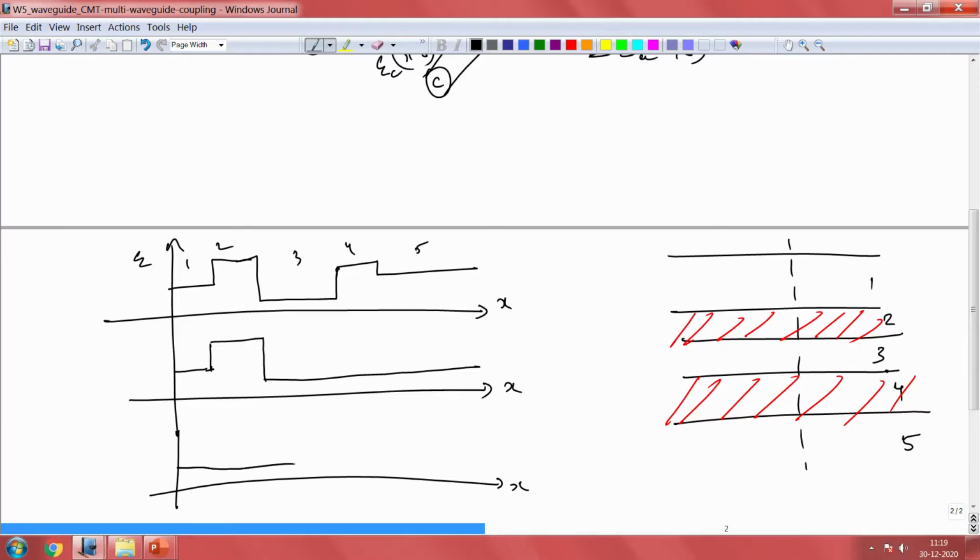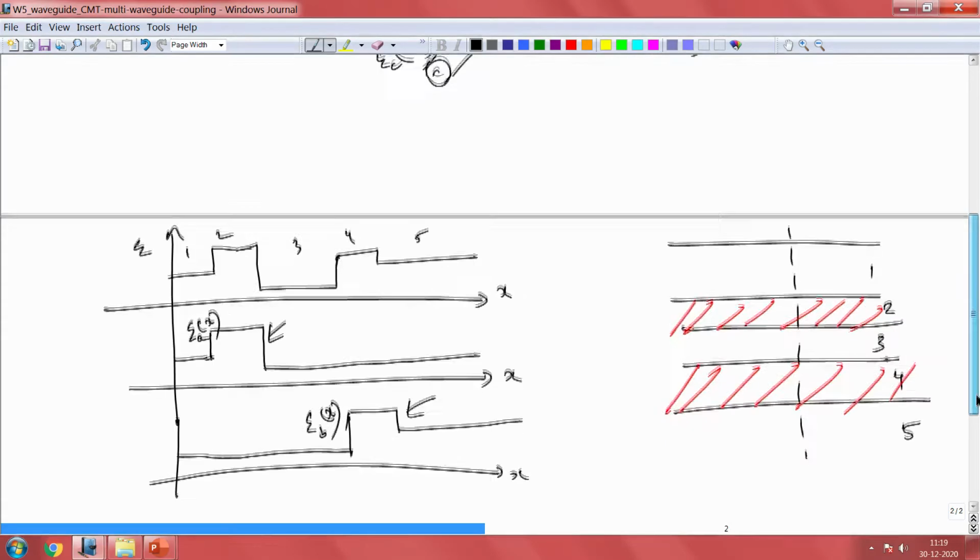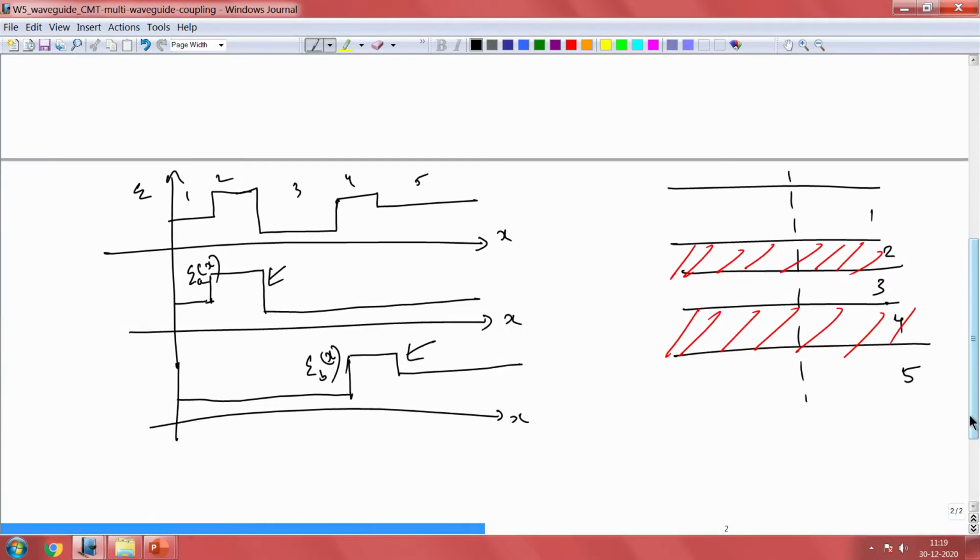So, this is epsilon_A(x) and this is epsilon_B(x). One can do this kind of combination, and we know we can find the normal solutions for this waveguide and for that waveguide, and we can do the linear combination there.